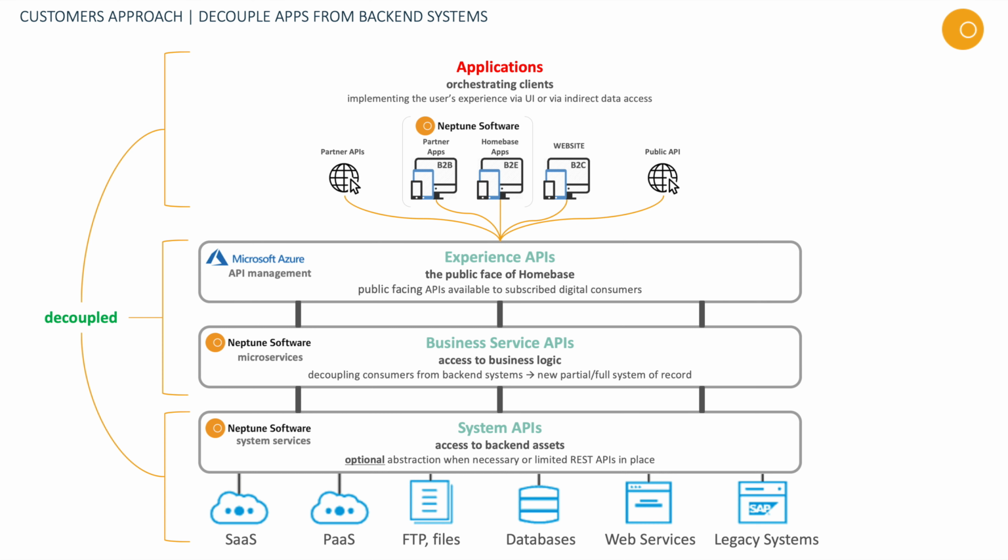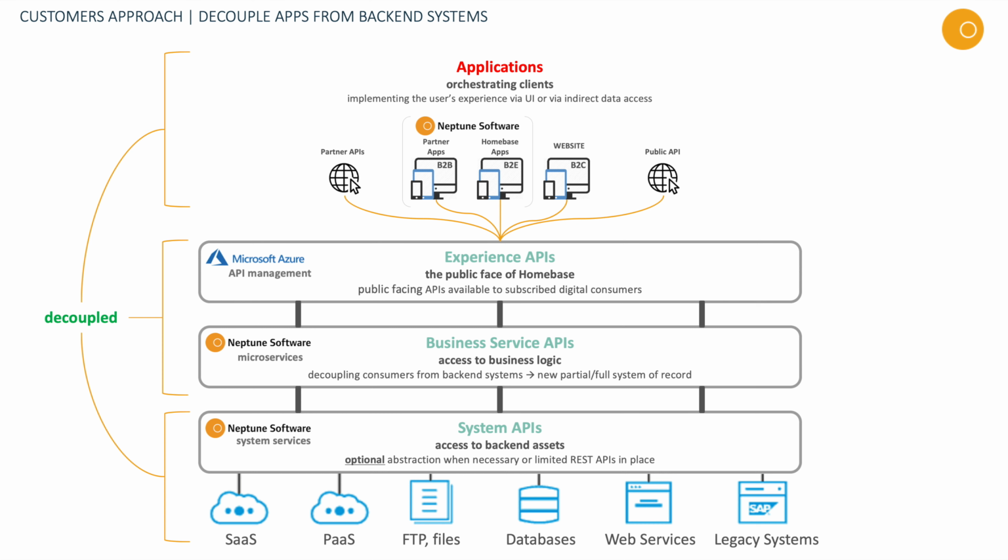These APIs are basically business service APIs that are leveraging business logic and also decoupling the backend systems from the front-end systems by proxying with Microsoft Azure API management in this case, but also by being able to unify these APIs into business flows and being able to mash up all of this business logic and systems into a unified API.